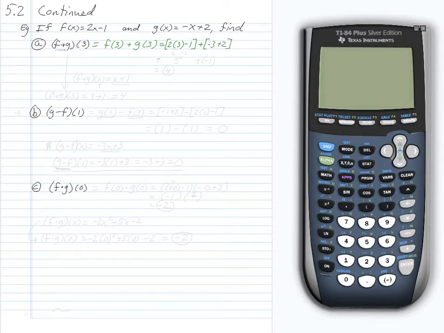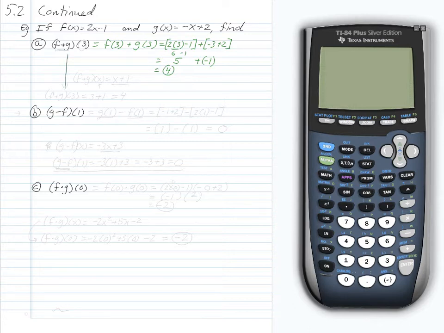So if we multiply 2 times 3, we get 6 minus 1, so 5. And negative 3 plus 2 would be negative 1. So 5 minus 1, 4 would be our final answer. So that's one way we could handle the situation, and it's perfectly viable to do things that way.